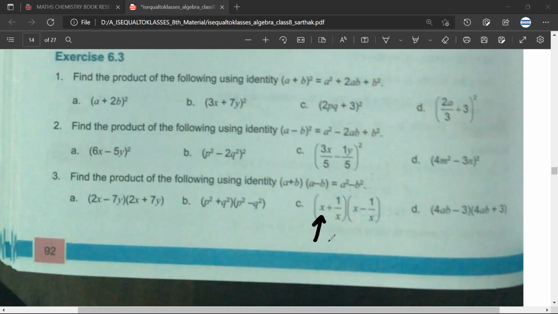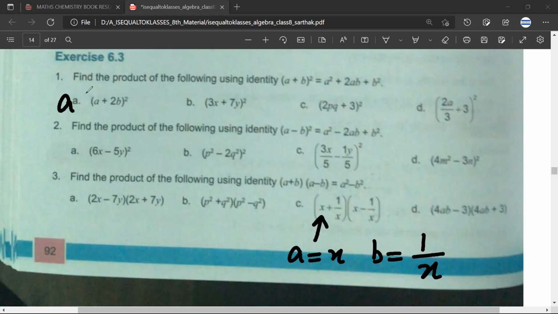So in this question, my A is x, my B, again, what you need to remember is my B is 1 upon x. It is not equal to minus 1 upon x. Sarthak, any doubt? No, sir. Now I'll be using this identity that A plus B into A minus B is equal to A square minus B square.